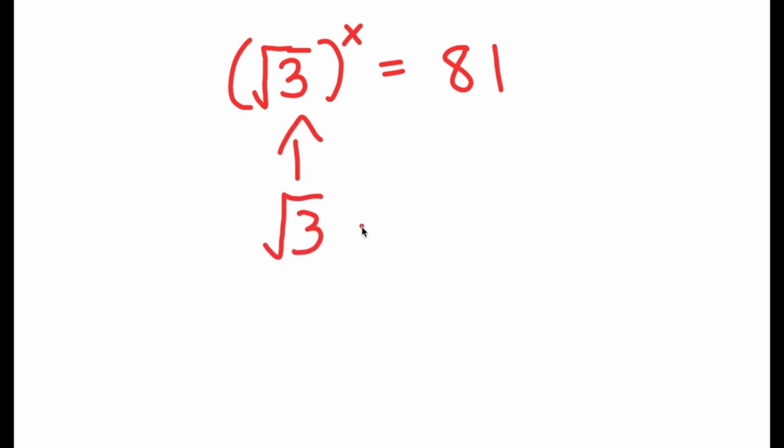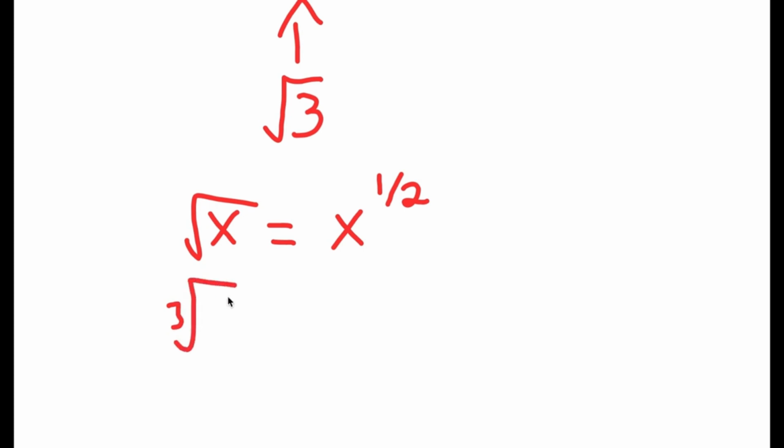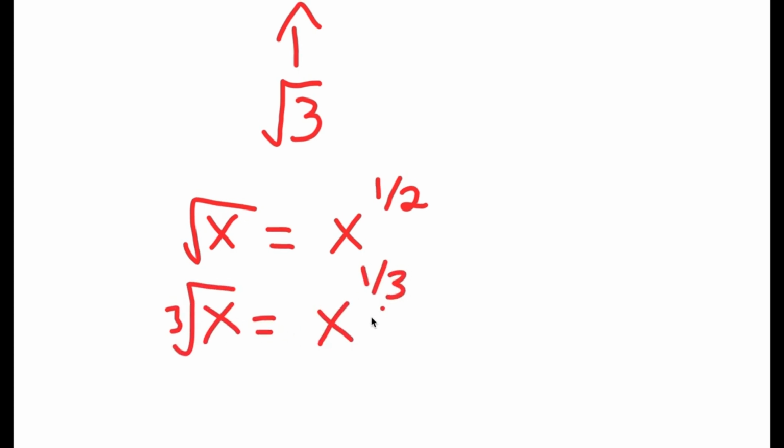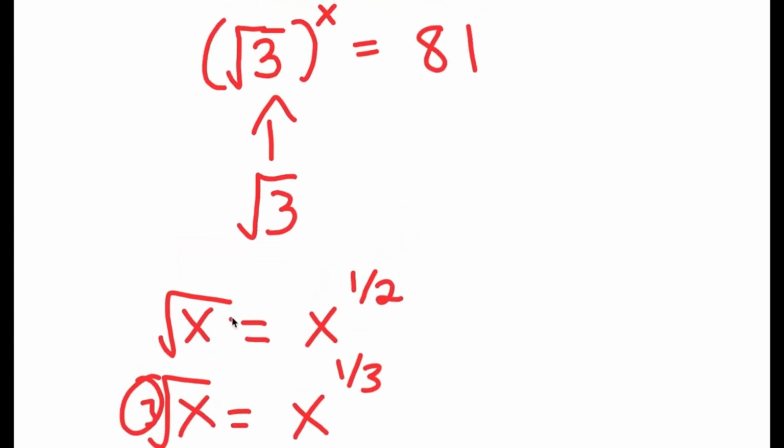Now, the square root of a number, say the square root of x, is the same thing as x to the power of 1/2, because basically the root here is 2, but we just don't write that. And the cube root of a number is that number to the power of 1 over 3, because we have a 3 over here.